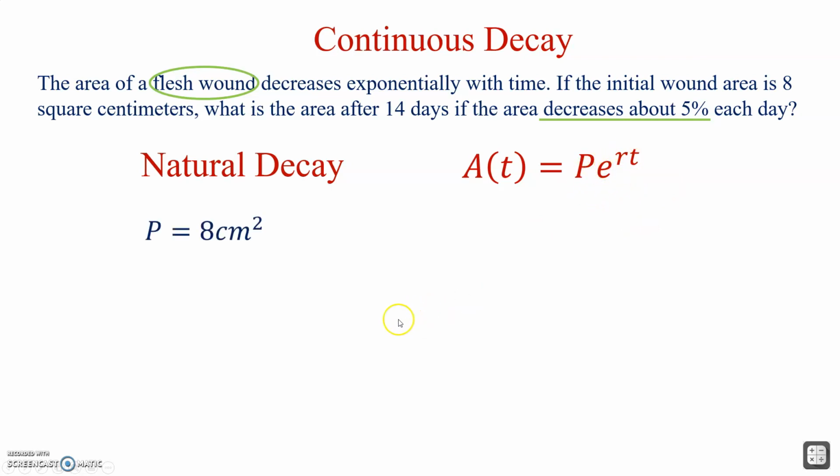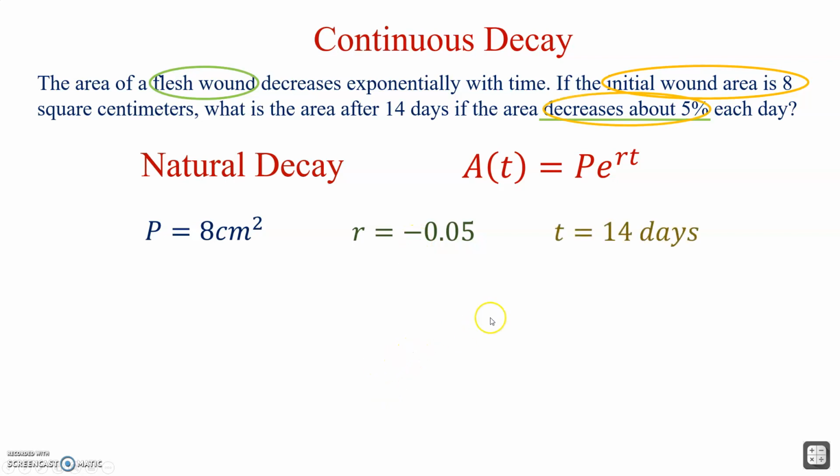So the P is 8 square centimeters because it told us the initial amount was an 8 square centimeter wound. The rate is negative 0.05, again because we're taking the percentage and converting it to a decimal. And because it is decreasing, that's why it's negative. Last thing is time. Time is 14 days.